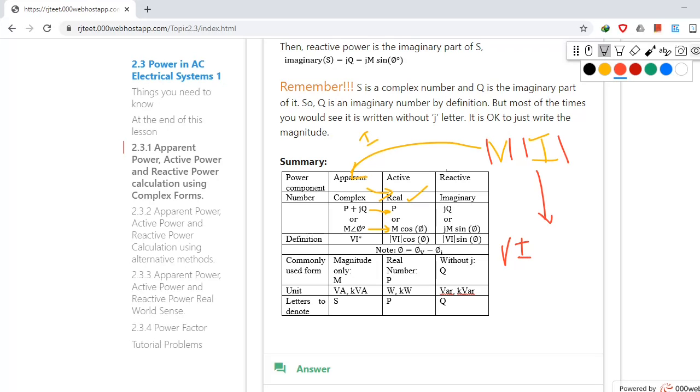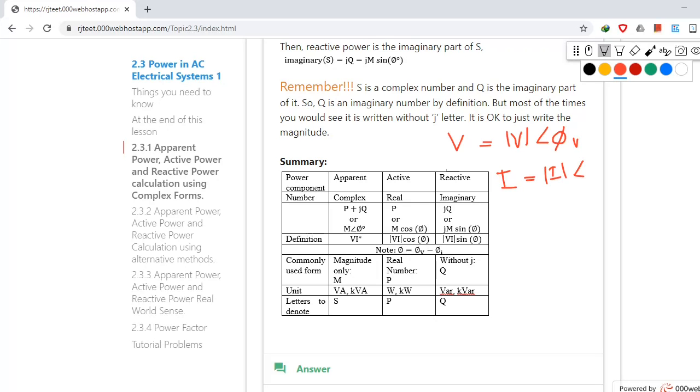Right? For an instance, let me take an example. You have a voltage value which is going to be simply, let's say, V angle phi V, and you have a current value I, and the angle is, the magnitude is I, angle is phi I, the argument is phi I. So this angle of a complex number, of course we call argument, right?